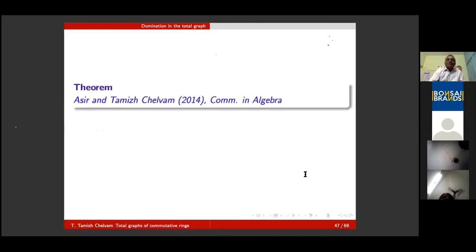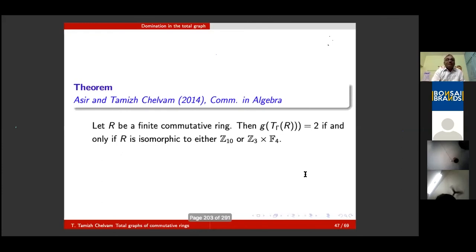We could publish the genus 2 case: when R is a commutative ring, then the genus of T gamma of R is equal to 2 if and only if R is isomorphic to only 2 rings. One is Z10, another one is Z3 times F4, the finite field of 4 elements. Of course, the additive group of the finite field of 4 elements is Klein's 4 group, and the multiplication is the cubic roots of unity.